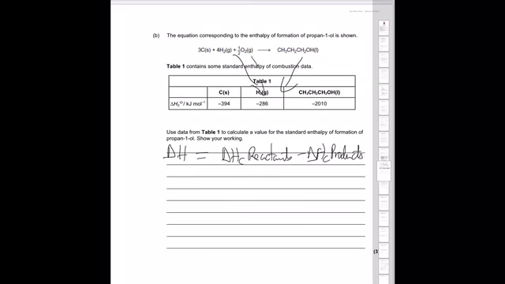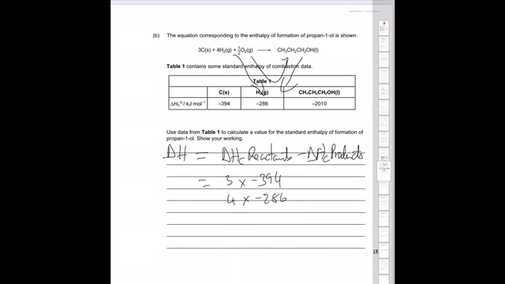Yeah, so there's the arrows, what they would look like, and there's the route you take. So that's how you get reactants minus products. So you need to put them down. So it's 3 times minus 394, minus 394, and 4 times minus 286. Obviously, burning oxygen is a meaningless concept. Minus, there's the totals on that side, minus 2010.